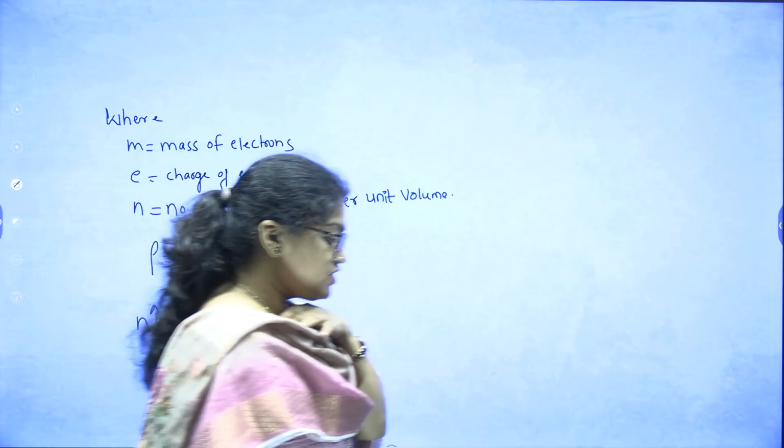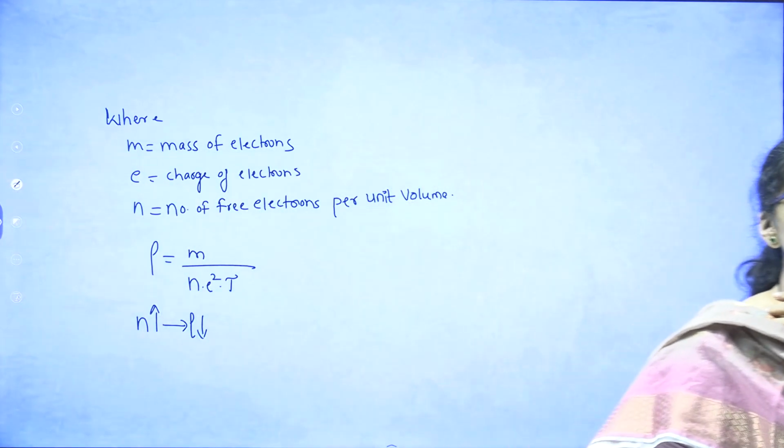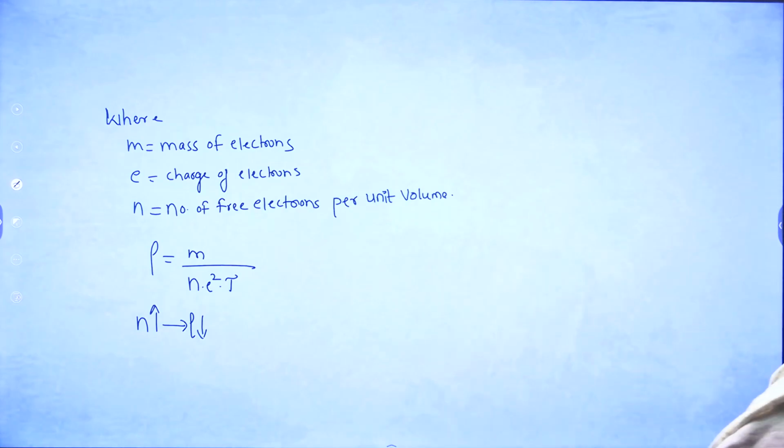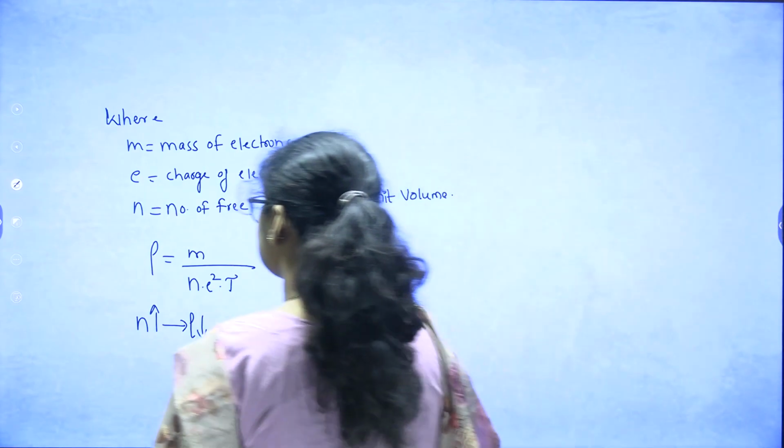If the number of electrons increases, the resistivity decreases. If the number of electrons is decreasing, then the resistivity will increase. If resistivity decreases, what happens to resistance?